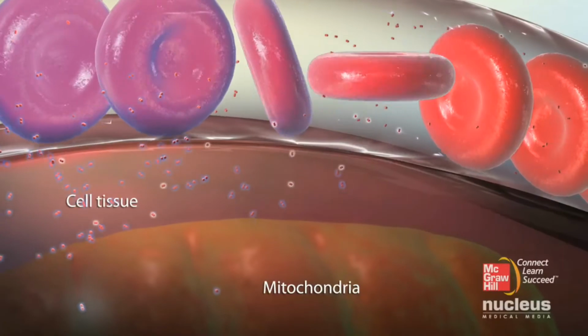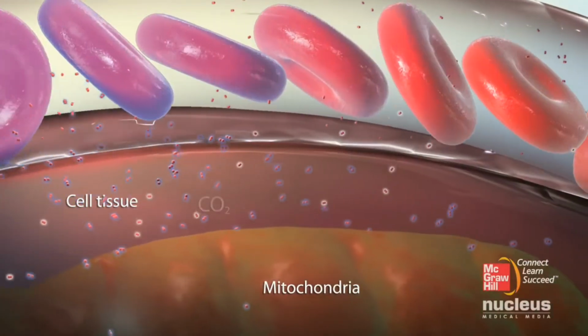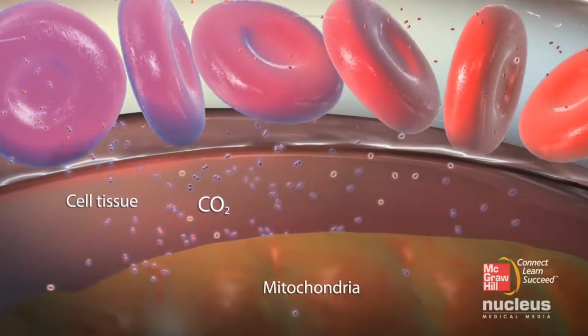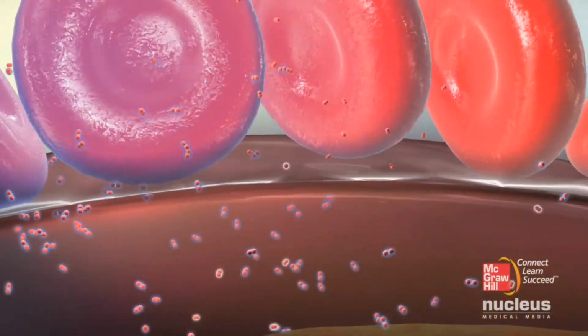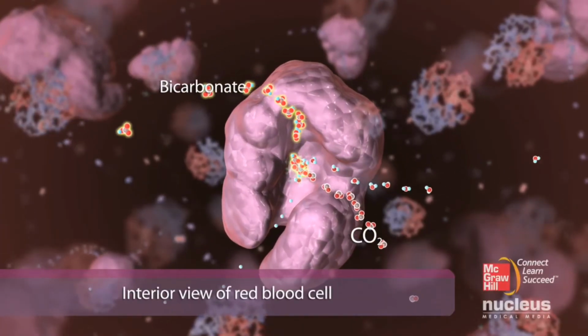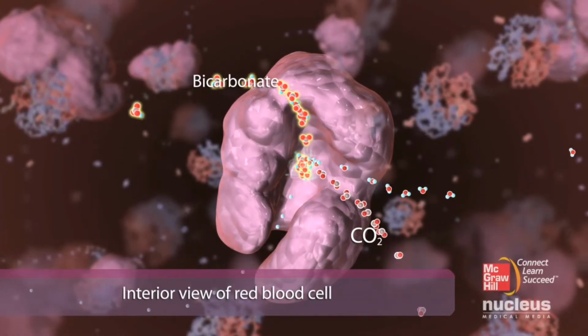Oxygen metabolism within cells produces carbon dioxide gas as a metabolic waste. Carbon dioxide exits the cells and tissues and is converted into bicarbonate within the erythrocytes.